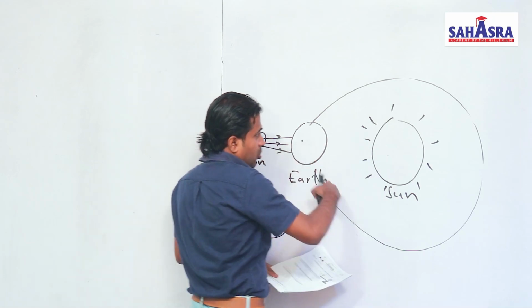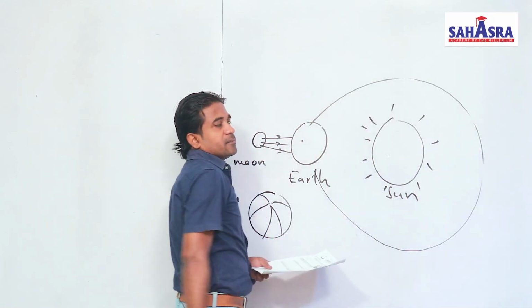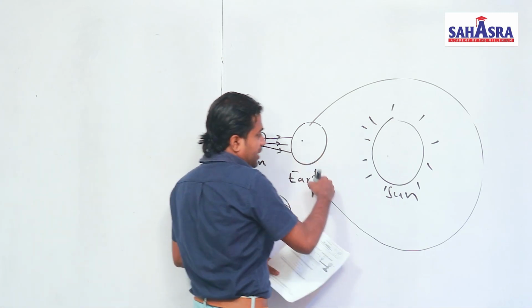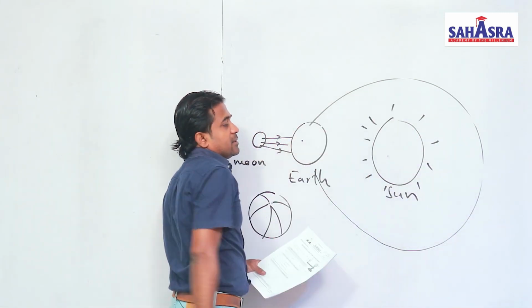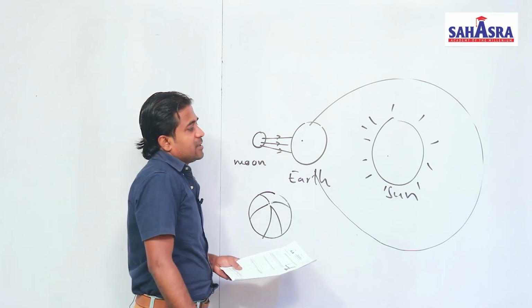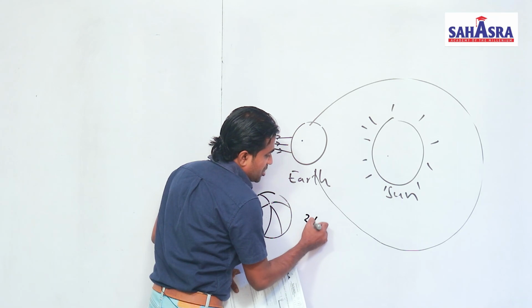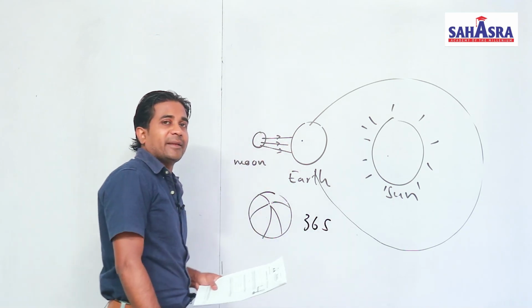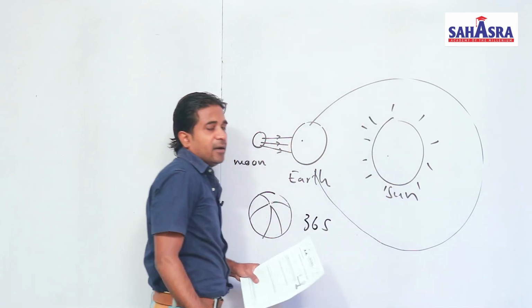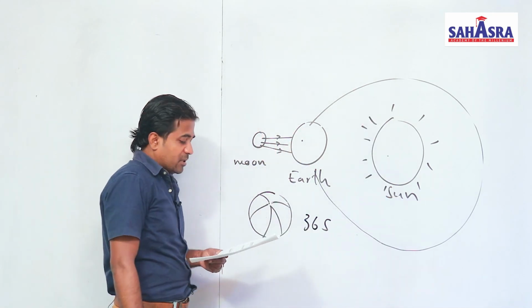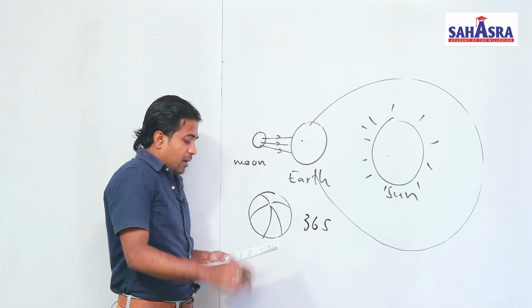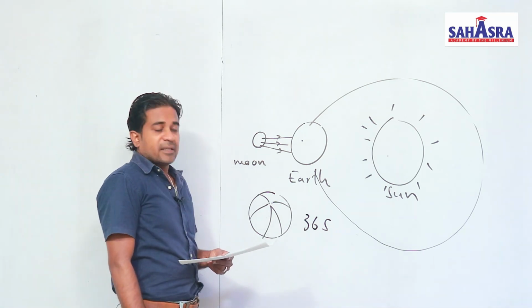We know that the time taken to complete this path, we take as a year, which is 365 days. It takes 365 days to complete one circle around the sun. So the answer here is the earth orbits the sun.